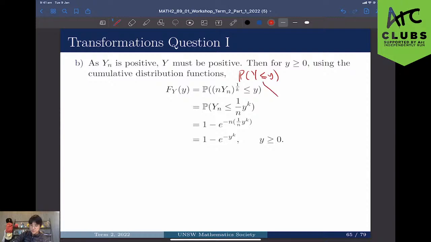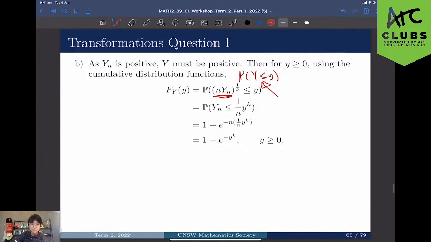And then we can sub in what we know Y is equal to. So Y is equal to nYn to the power of 1 on k. From here on out, it's purely algebra. You apply the power of k to both sides, and you get rid of the n, so we get it in terms of just Yn.